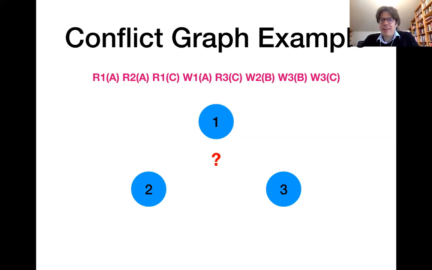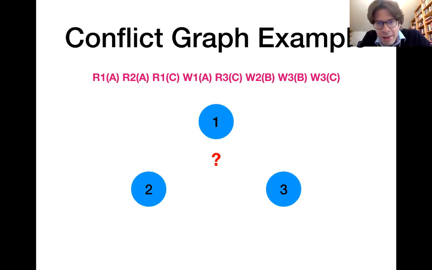Okay, there's a couple of things coming in. Okay, good. So in general, 2 operations conflict if they belong to different transactions, they operate on the same object, and at least one of those operations is a write operation. So here, for instance, we have the proposition R1(C) followed by W3(C).